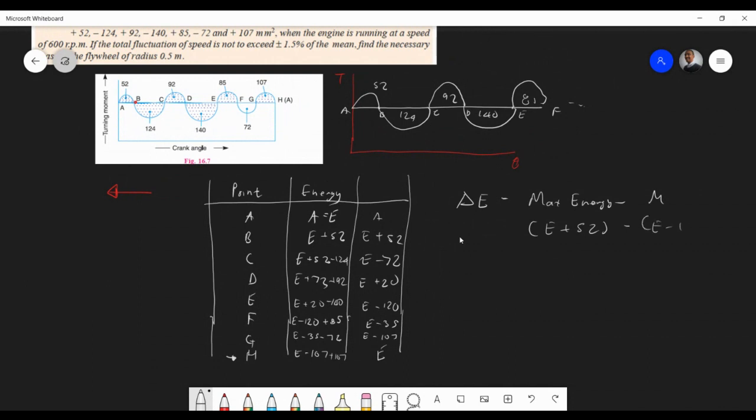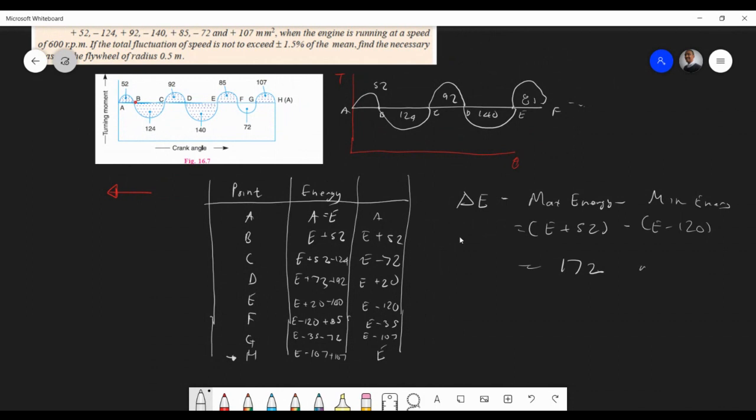Beautiful. Thank you very much. So the main energy. And of course, guys, these must cancel, like I said, and we have 52 plus 120, which will give you 172. And we call it what? Millimeter squared, right?